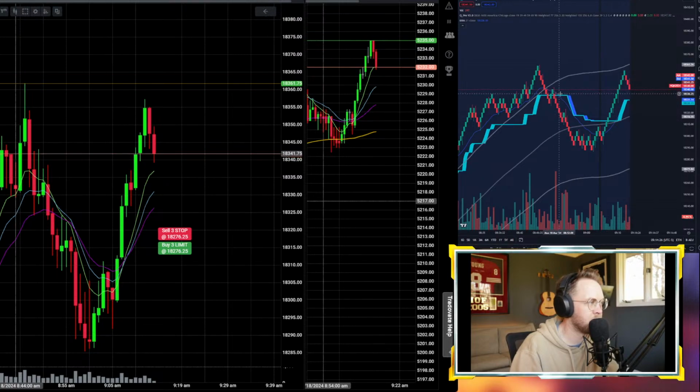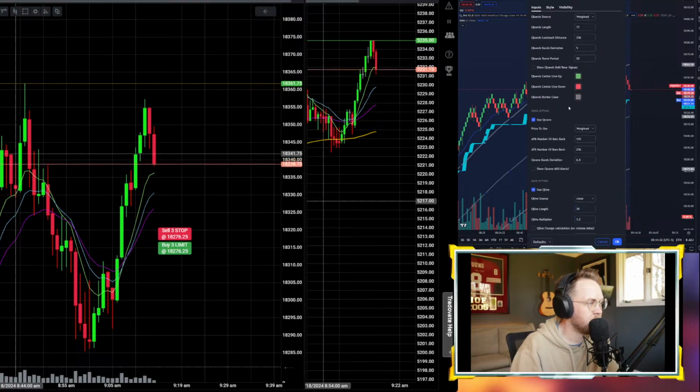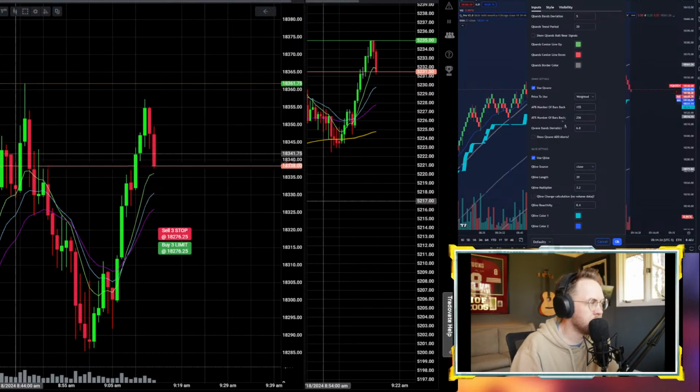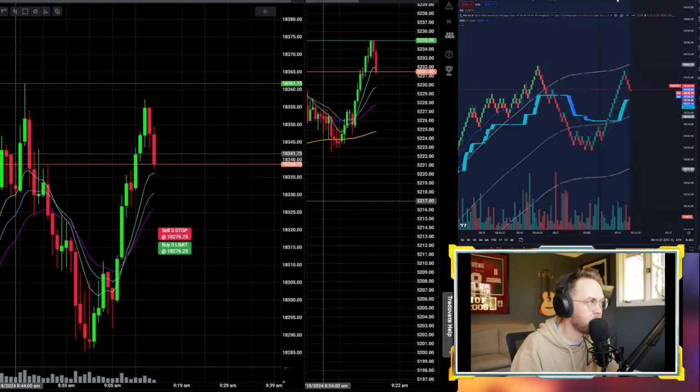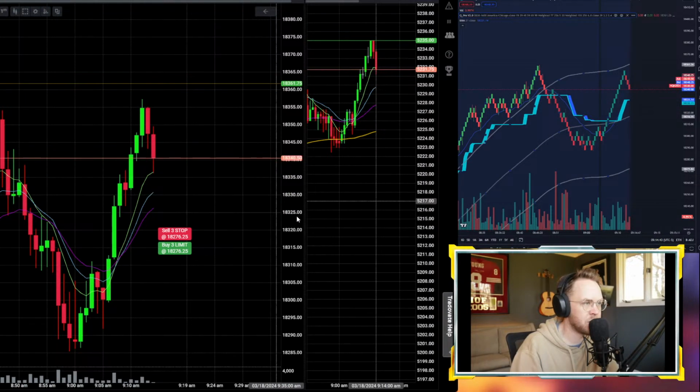I don't know what they call this. The Q line. So could be looking for a long off the Q line down here at 18,331. See if we bounce off that.